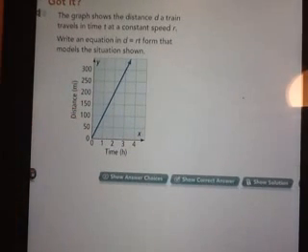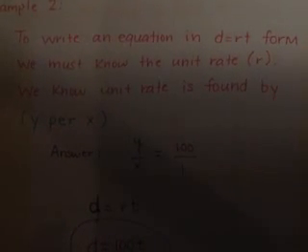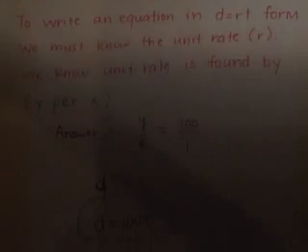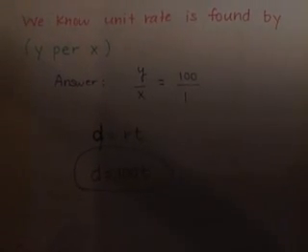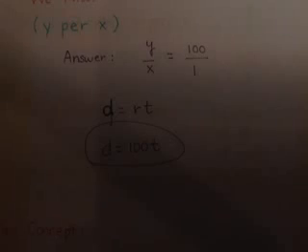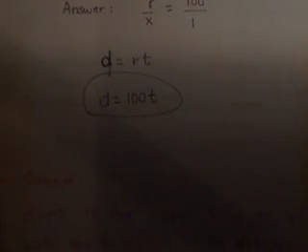So when I use y per x, to write an equation in D equals RT form, we must know the unit rate. We know the unit rate is defined by y per x. Y is 100 and x is 1, so we simplify that to just 100, and our equation to be written is D equals 100T.